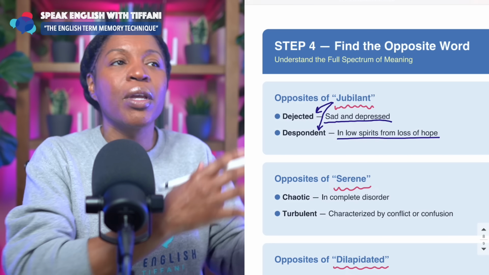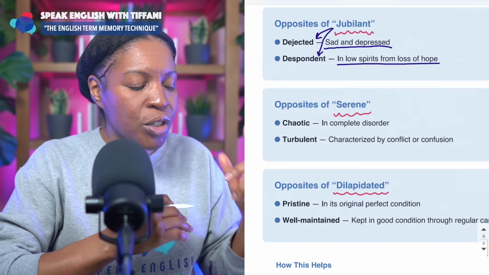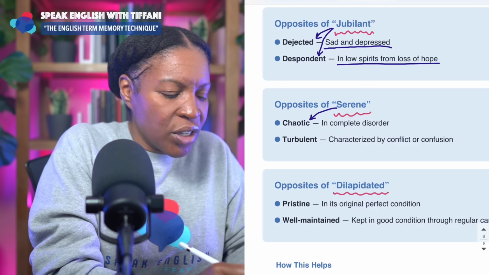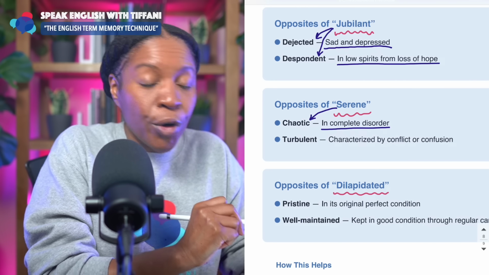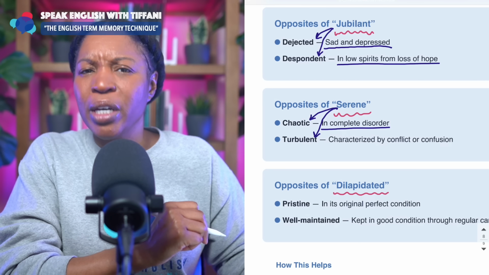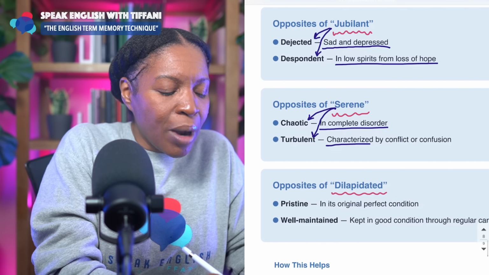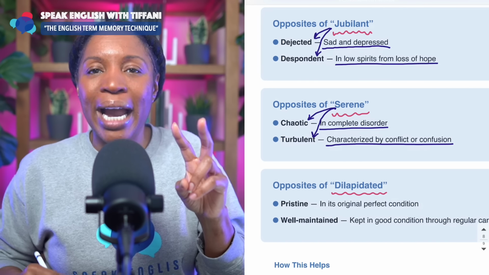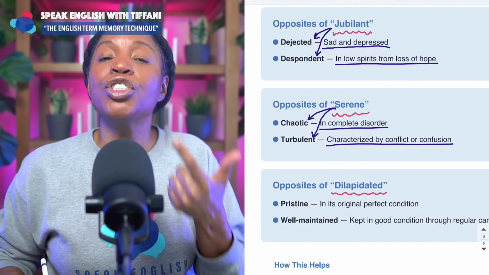You see now, right? The antonyms. Then for serene, our first antonym is chaotic, which means in complete disorder. Our second antonym is turbulent, which means characterized by conflict or confusion. So for serene, our 2 antonyms are chaotic and turbulent.